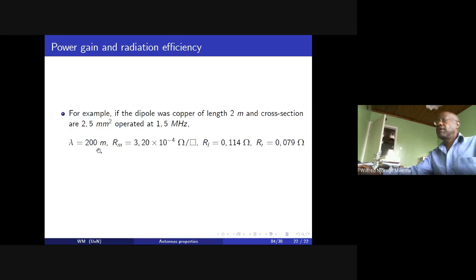So when an antenna is operated at a wavelength such that its length is much, much smaller than that wavelength, the radiation resistance is going to be very small, the directivity of that antenna is going to be poor, and the radiated power is going to be very low. Therefore, such antennas are usually very inefficient radiators. So we can see that eta R is approximately 41%. And that brings us to the end of that part.